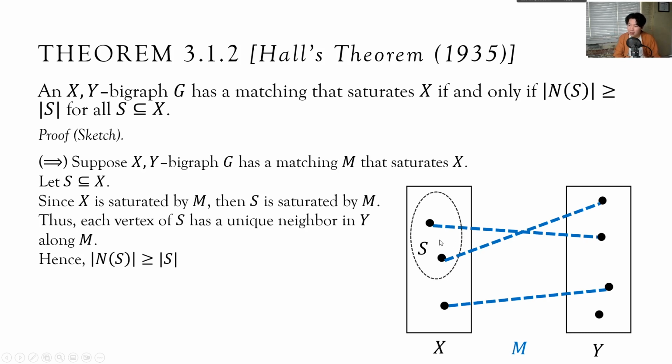So comparing the cardinality of S versus the cardinality of the neighborhood, we know that the neighborhood has to be at least the size of S.